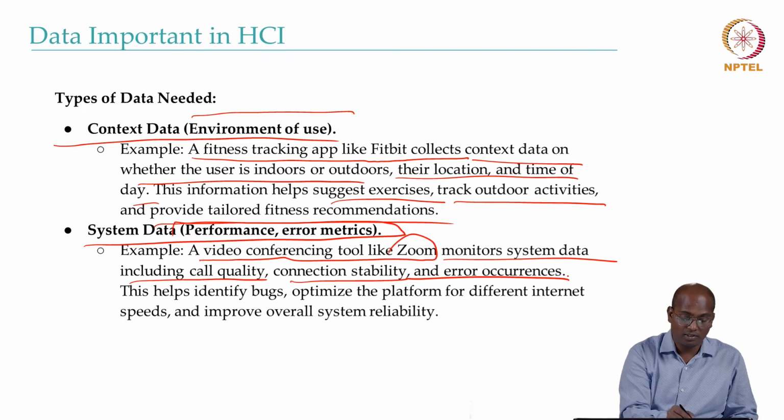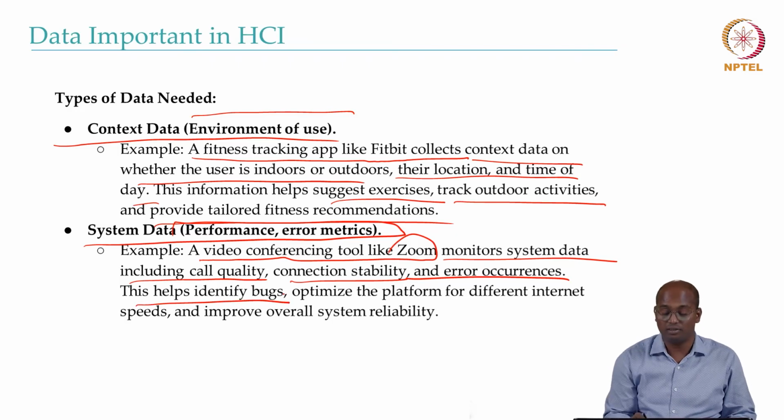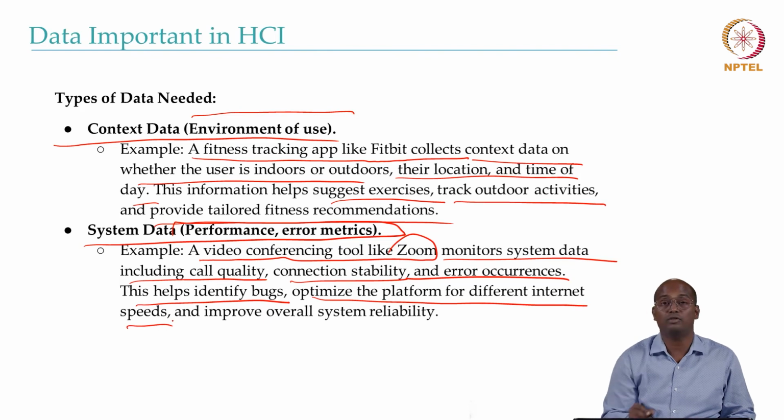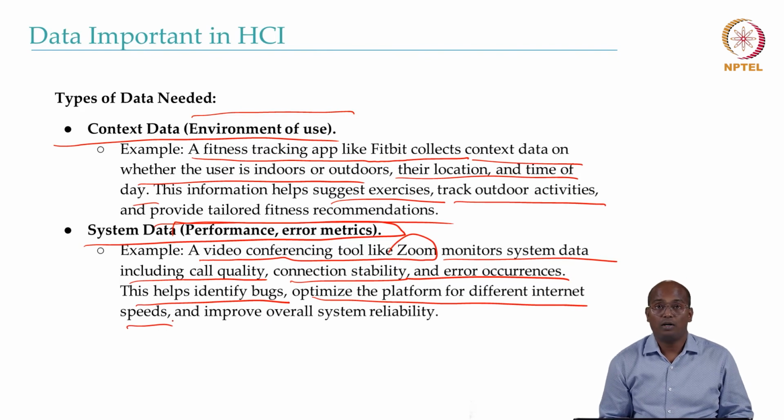So this kind of data basically helps identify the bugs and optimize the platform for different internet speeds, because when you are having an online call, especially if you recall the days of COVID, there are students who are attending the online lectures from metropolitan cities where they may have a very good internet connection.